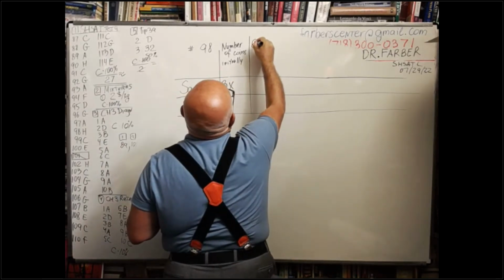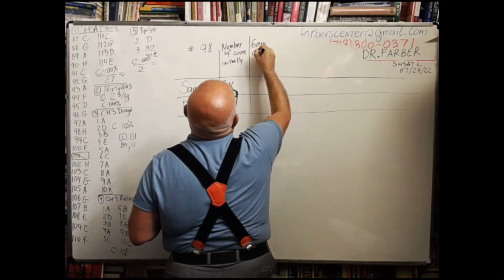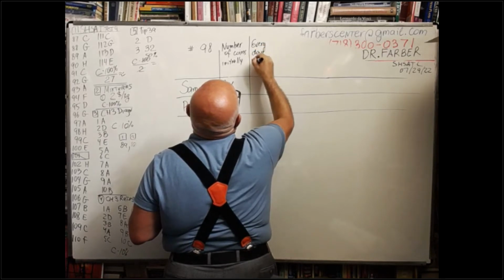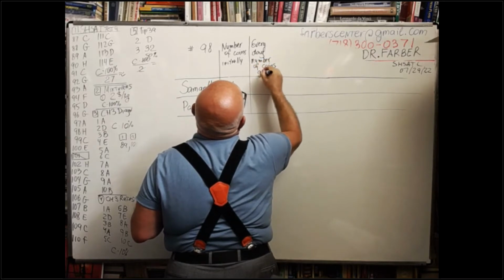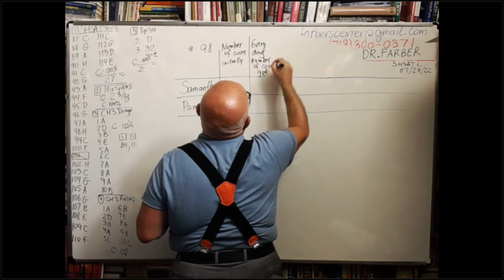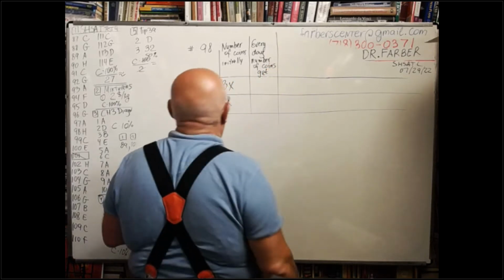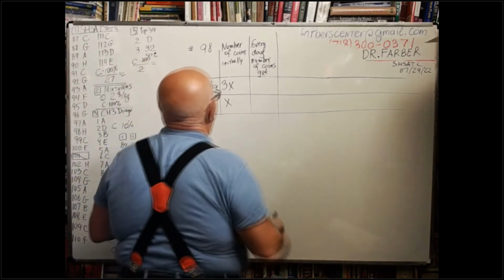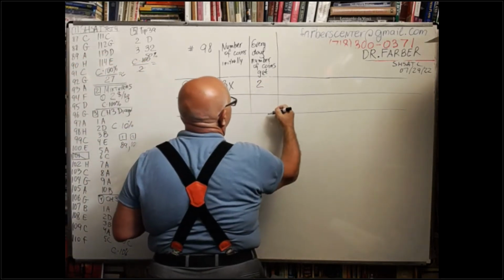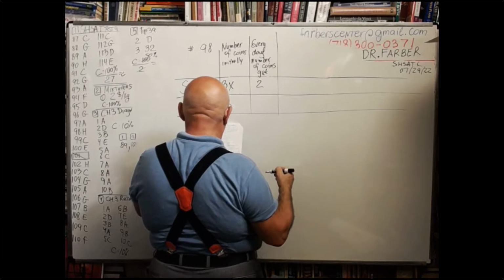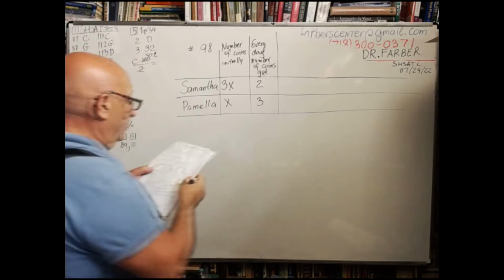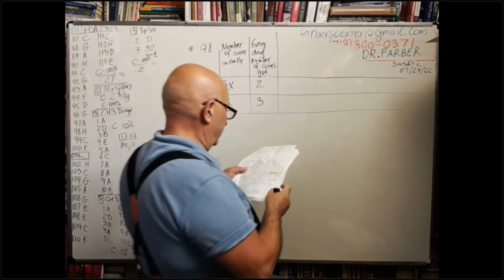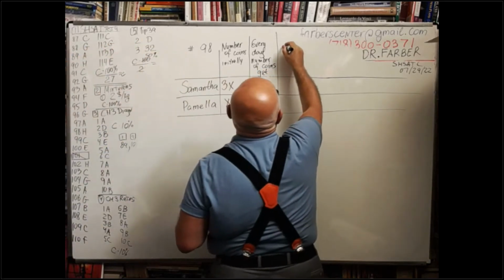Every day the number of coins they get. So for Samantha, mommy gave 2 coins. And for Pamela, they said 3. Look at what else they said. They said about days. How many days?